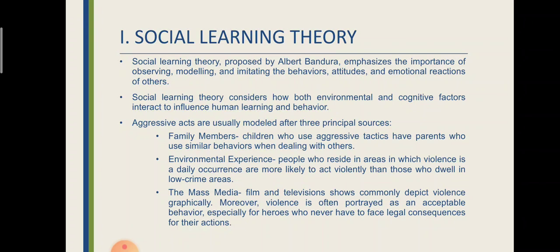So, the social learning theory views violence as something learned through aggressive acts, called behavior modeling. Especially if you are a child or an adolescent, you watch your family members.